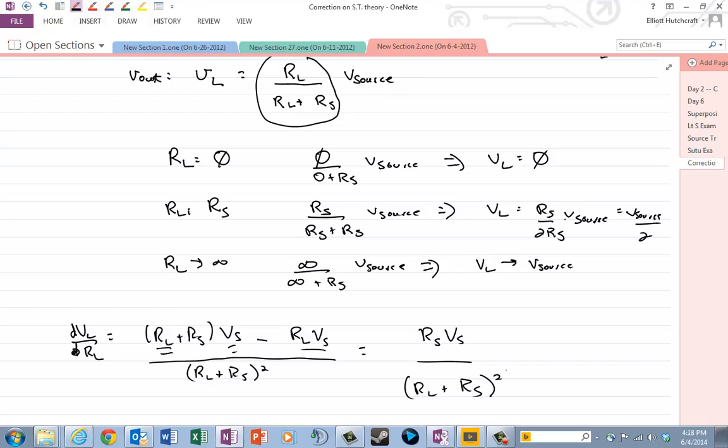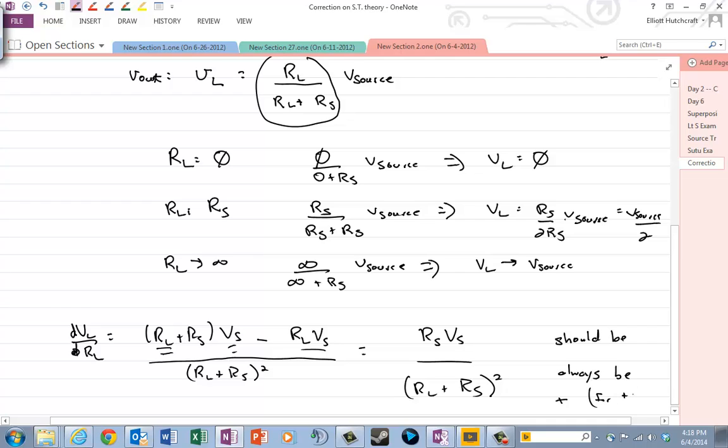And if we think about this derivative, it tells us what the slope of that curve should be like, and so this should always be positive, for positive VS.